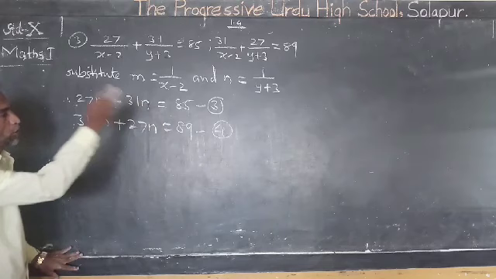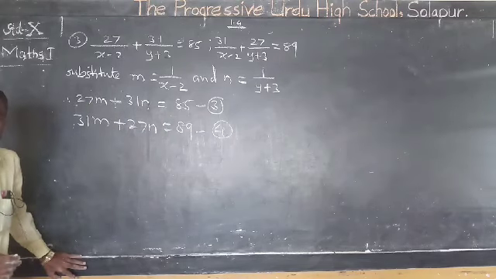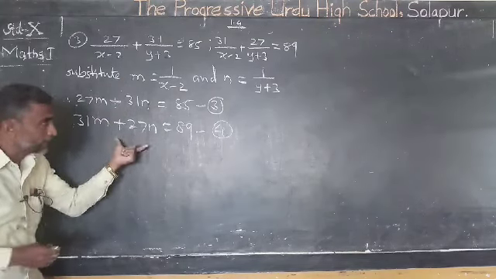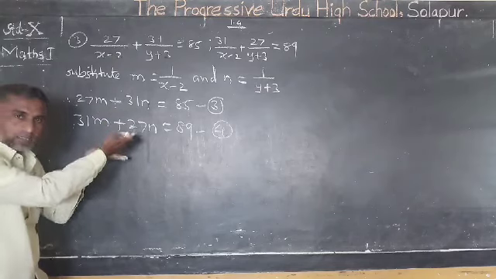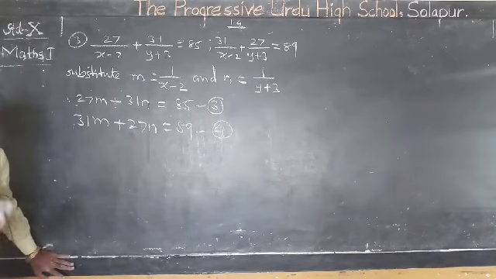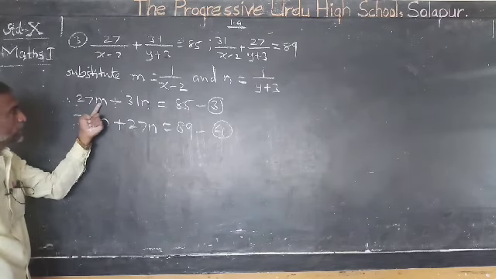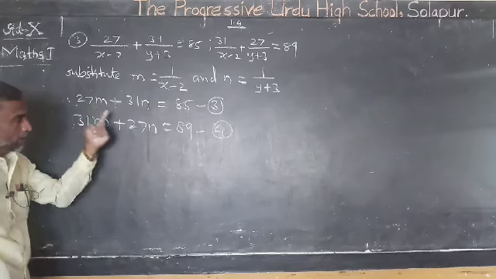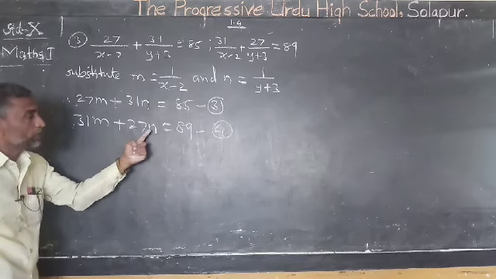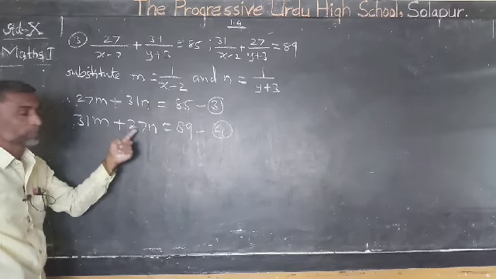In this way, we got two simultaneous linear equations. They have been converted into simultaneous linear equations. Now, we have to solve them. First, observe the coefficients. In the third equation, the coefficient of m is 27, and in the fourth equation, the coefficient of n is the same.